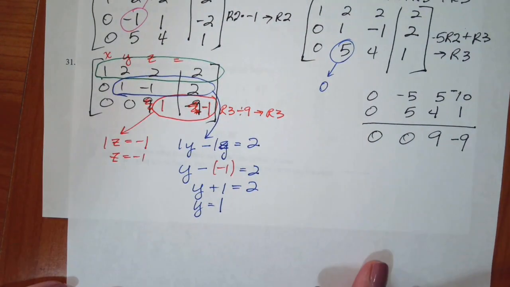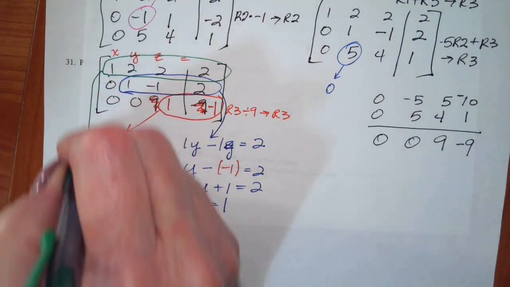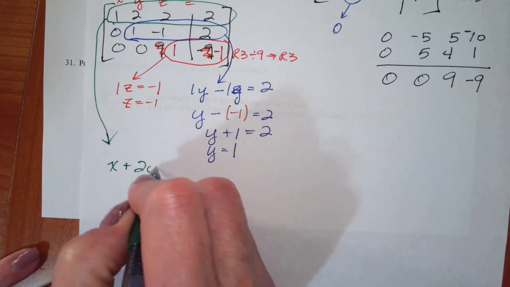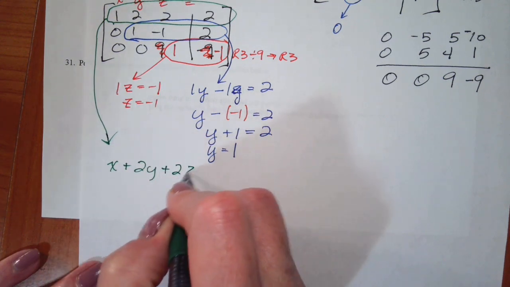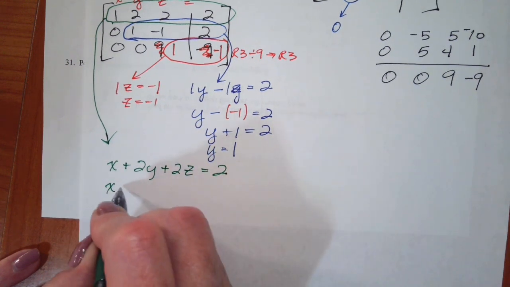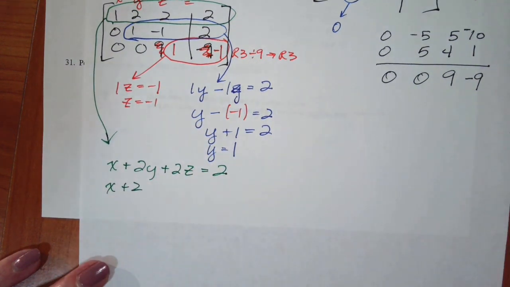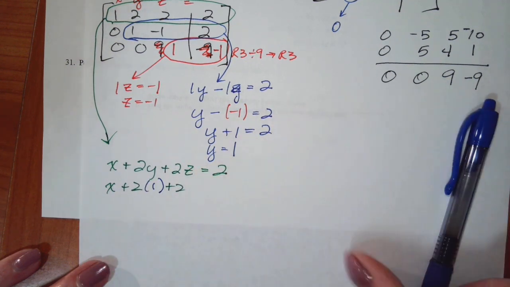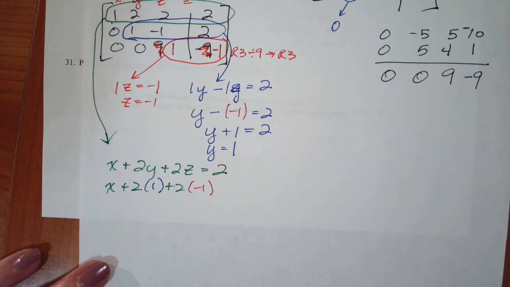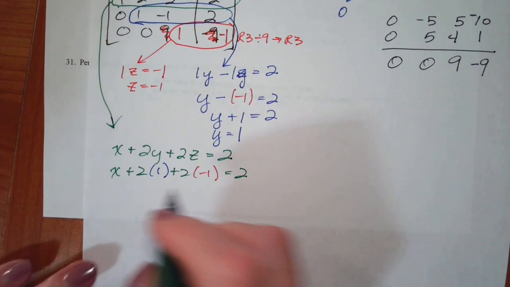Then I go back to my top row, and it tells me that x plus 2y plus 2z is equal to 2. So that's going to give me x plus 2 times y plus 2 times z is equal to 2.